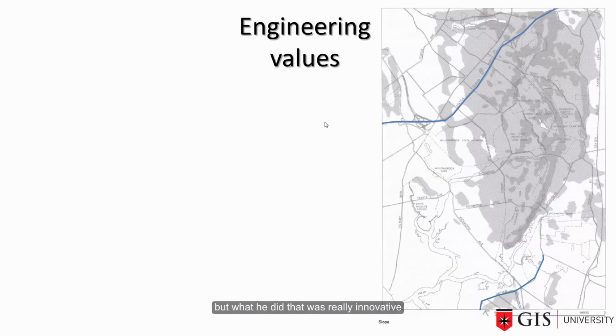But what he did that was really innovative was that he produced the maps at the same scale so that they could be overlaid. Now, we've talked about that. But the other thing that was really innovative was that he shaded each of the maps in 3 tones. The darkest tones represented those areas that were the least suitable for the roadway.